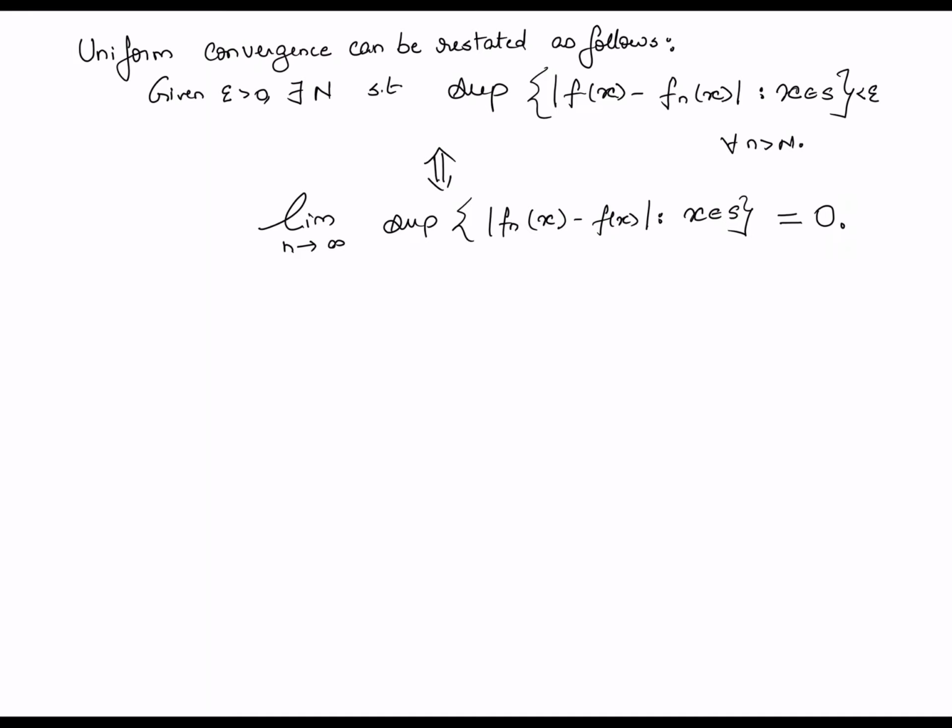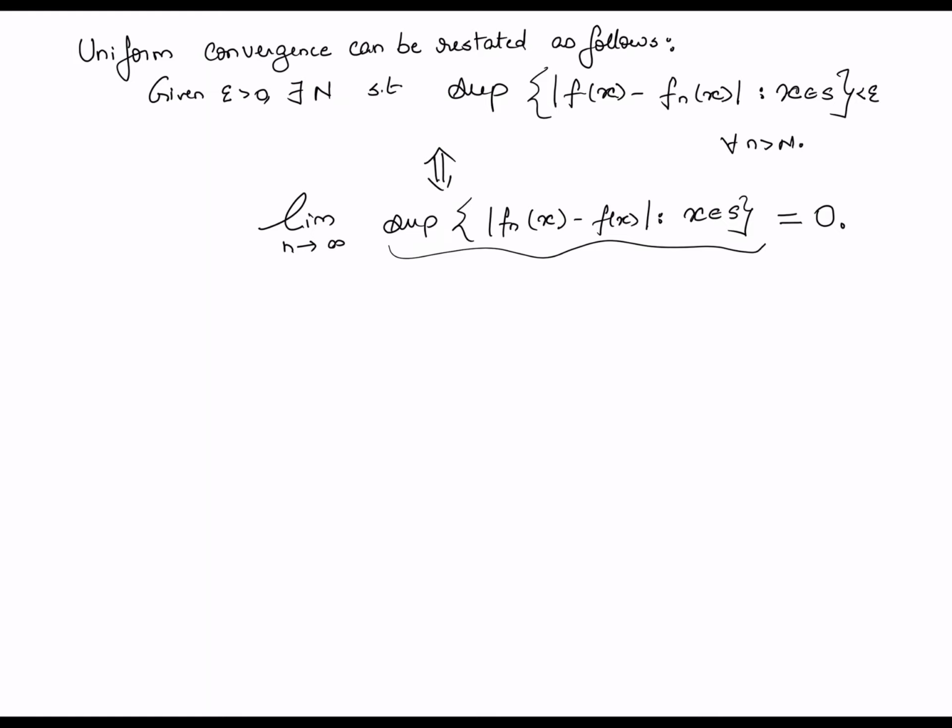Why? Because this is a sequence in n, right? What we have exactly said is that given epsilon greater than 0, there exists a capital N such that for all n greater than capital N, the values of this sequence will become less than epsilon.